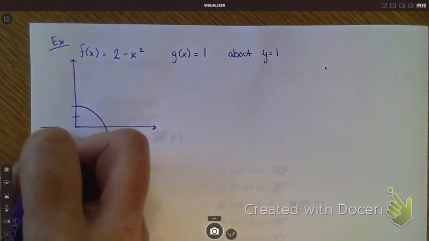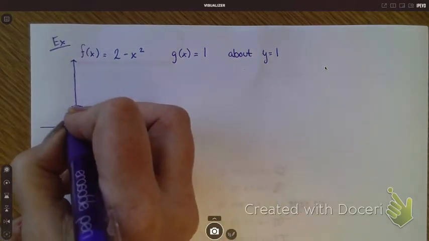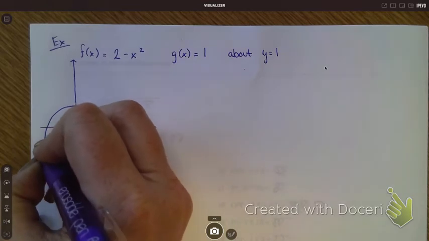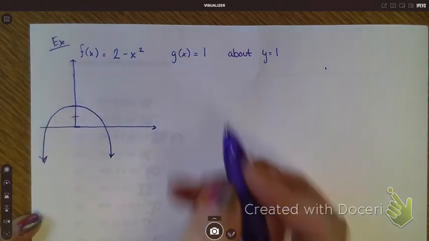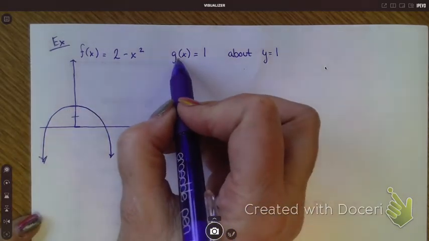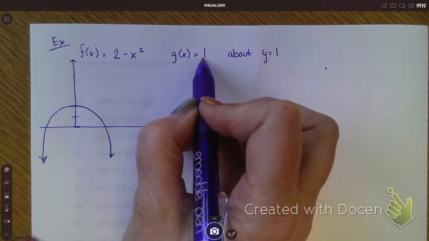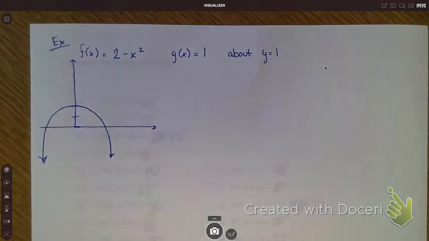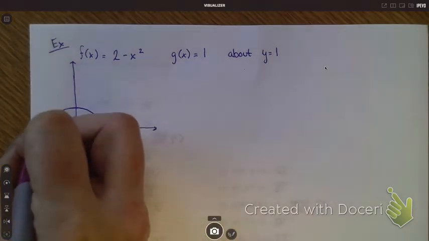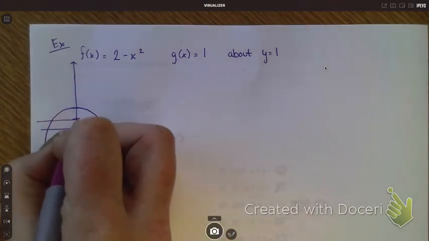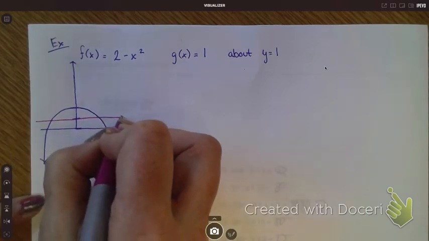Probably should have drawn this over here. G of x, so that's y equals 1. So that would be a horizontal line at 1, would it not? So g of x would be here.